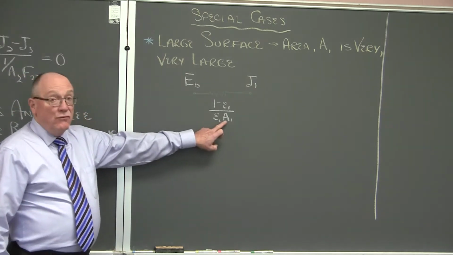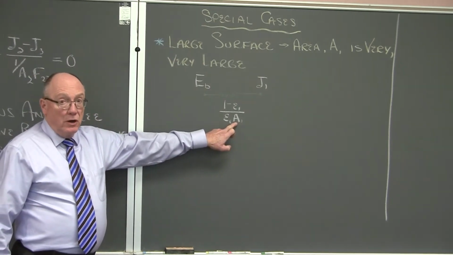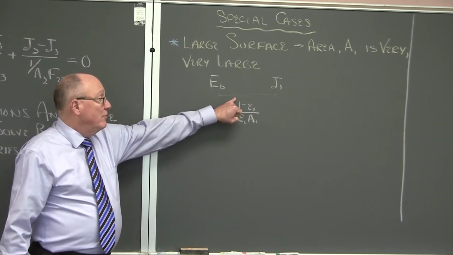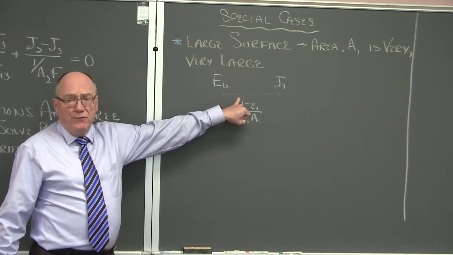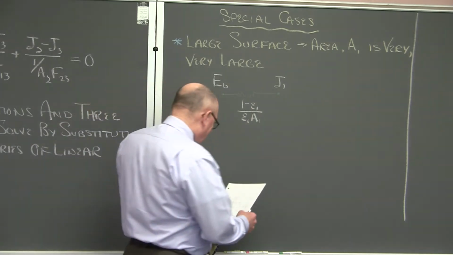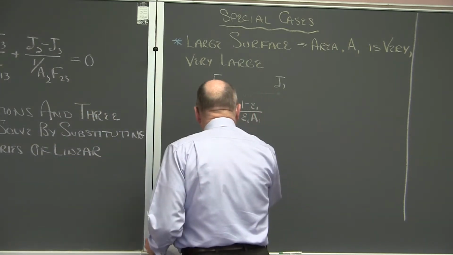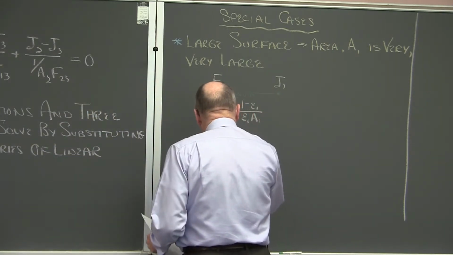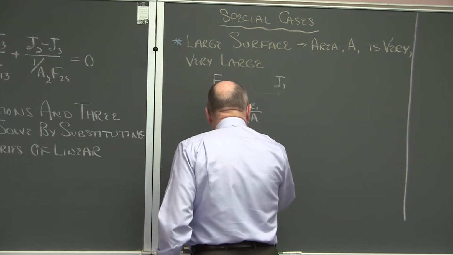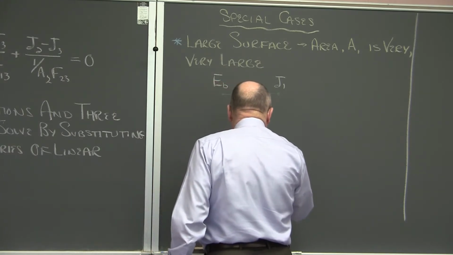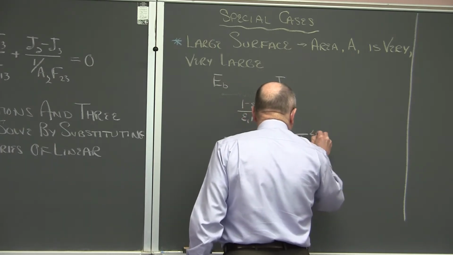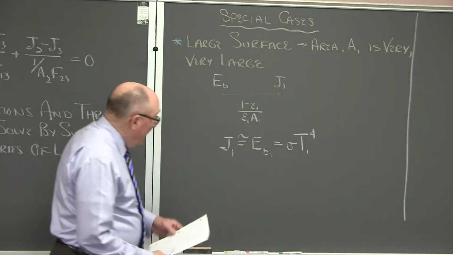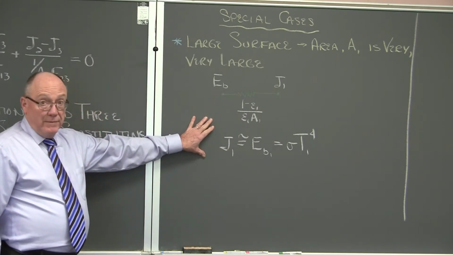If A is very, very large, then this resistance is what? It's very, very small. So in that case, J1 is approximately equal to EB1, which means it's equal to sigma times T to the 4th. That's the case for a very large area.